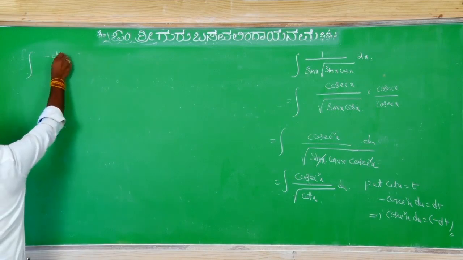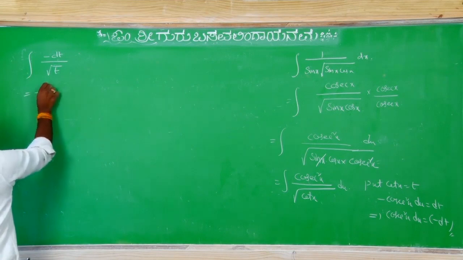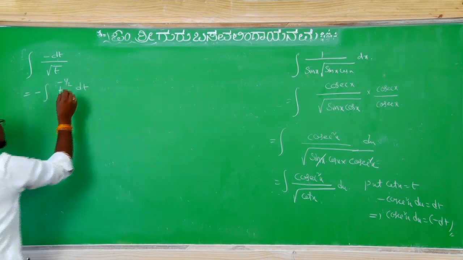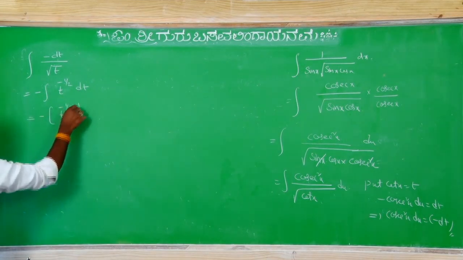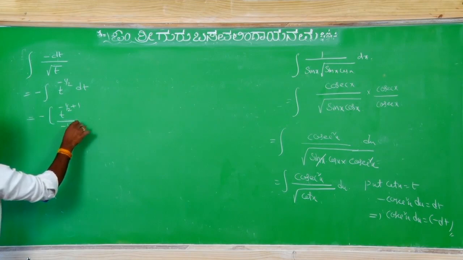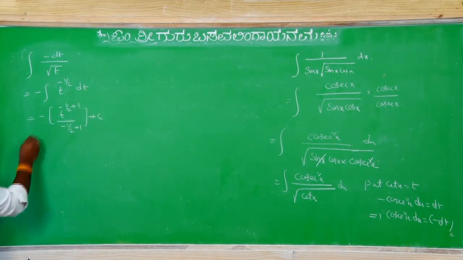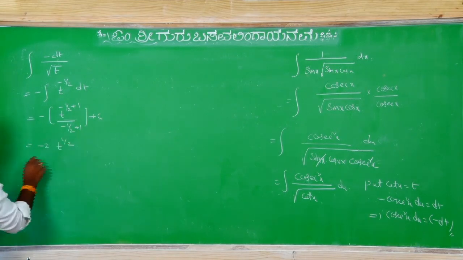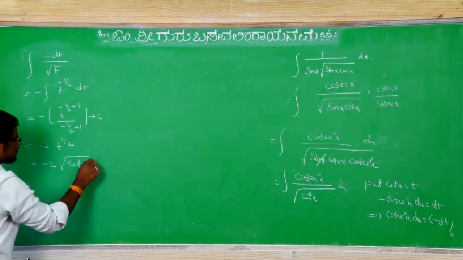Minus dt divided by root t, that is equal to minus t to the power of minus 1 by 2 dt. Integrate: minus of t to the power of minus 1 by 2 plus 1 divided by minus 1 by 2 plus 1, plus c. So this is minus 2 into t to the power of 1 by 2, that is equal to minus 2 into root cot x plus c. This is our answer.